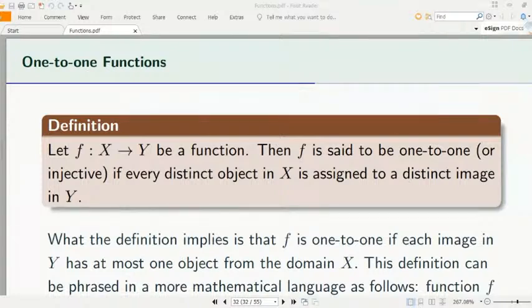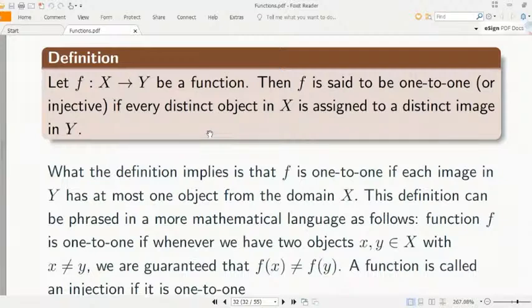Mathematically, if a function is one-to-one, it means that if you have two objects x and y which are different, where x is not equal to y, then we expect to see different images.